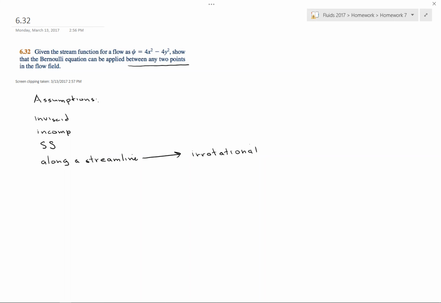In terms of whether it's steady state, what would have to be in there in order for it not to be steady state? Exactly. We know about the inviscid because it would say viscous fluid. How about the incompressible? How could we find that if it were incompressible?